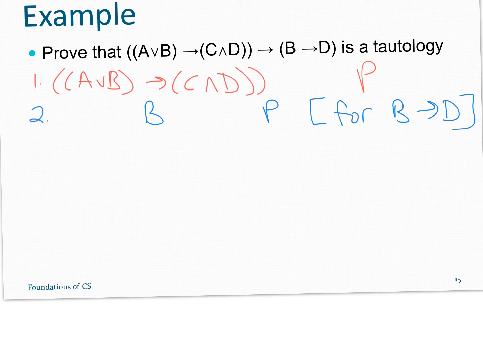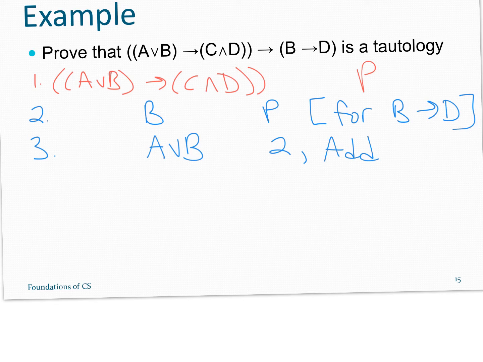Now let's see, if I know B, and I have this implication in line 1, it would be nice if I could get A or B so I could get out this C and D piece from modus ponens. Ah, but I already have B, and if I already have B, then I can conclude A or B, based on line 2 and the addition rule.